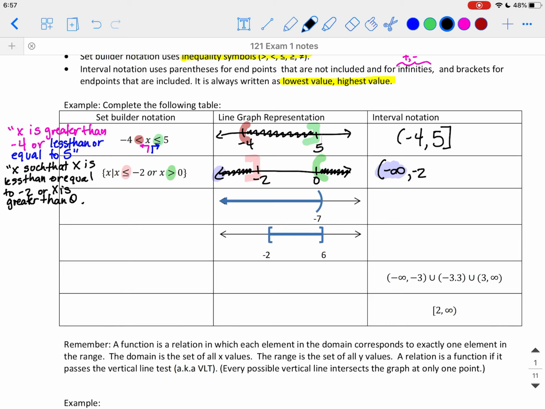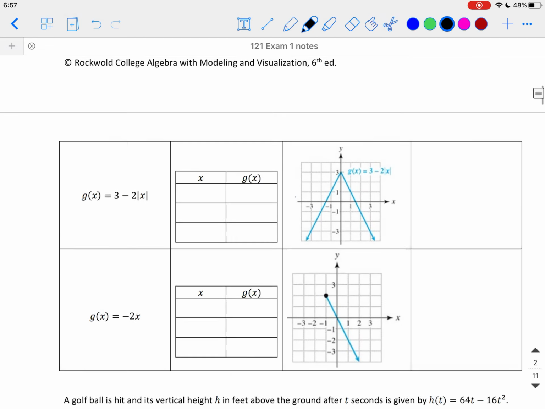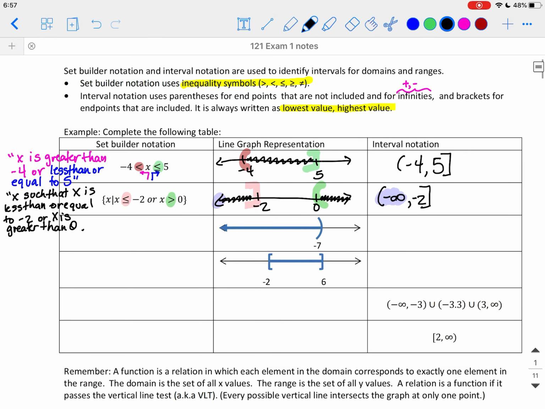And then we're going to have that bracket. And then we put a U for union because it's two separate pieces. And then we're going to have parentheses 0 all the way up to infinity. And again, infinities, positive or negative, always have a parentheses.